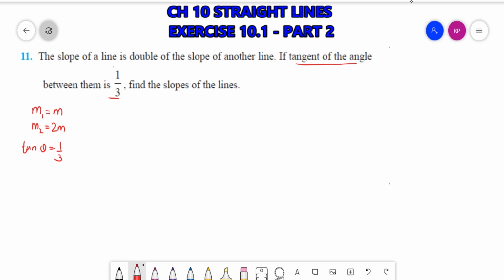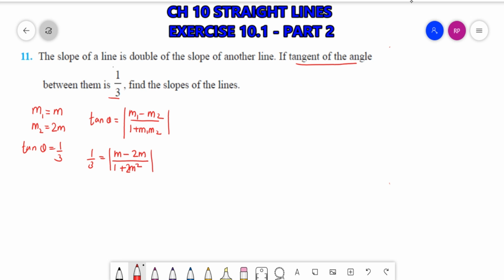Now we know that the formula for angle between two lines is tan theta is equal to modulus of m1 minus m2 upon 1 plus m1 m2. So 1 by 3 will be equal to, m1 is m and m2 is 2m, upon 1 plus m into 2m, that is 2m square.